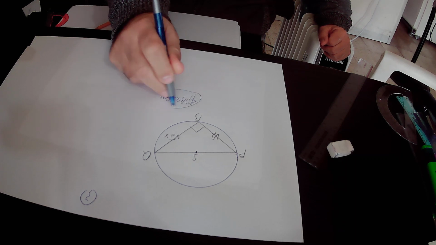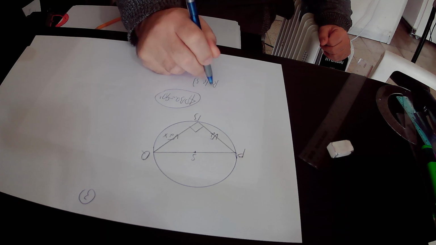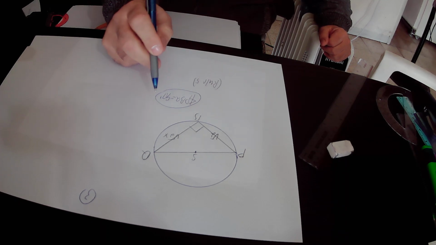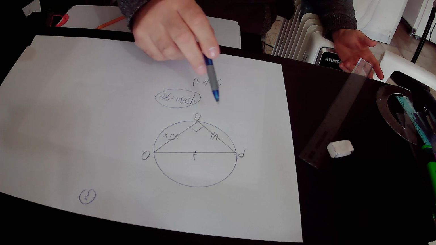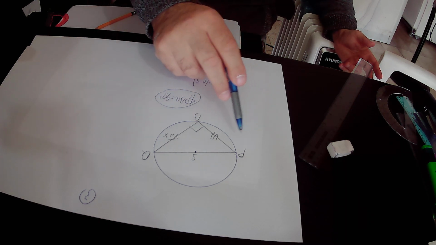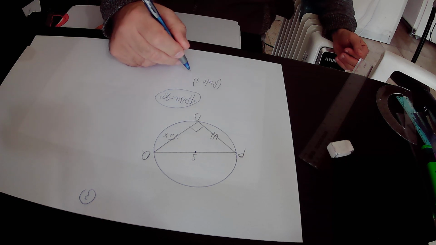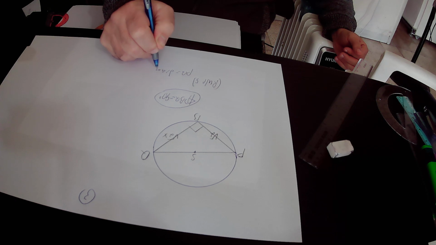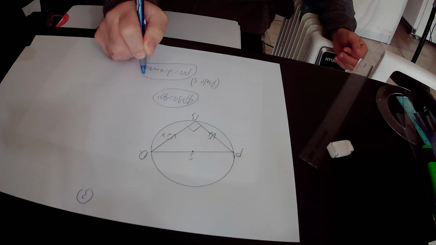So according to rule number 5, this peripheral angle PBQ must rest on the diameter of the circle. From the drawing itself, it is very easy to see that peripheral angle PBQ rests on chord PQ. Therefore, PQ must be the diameter of the circle. Okay, PQ is the diameter of the circle.